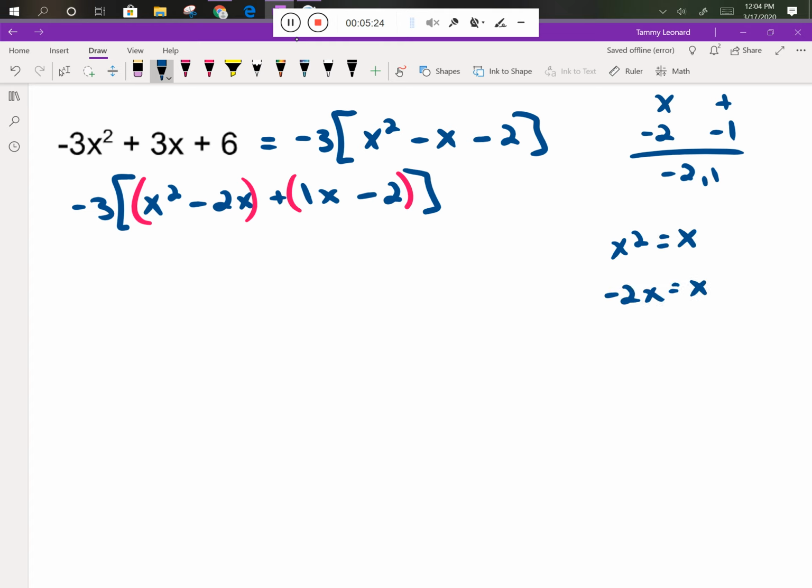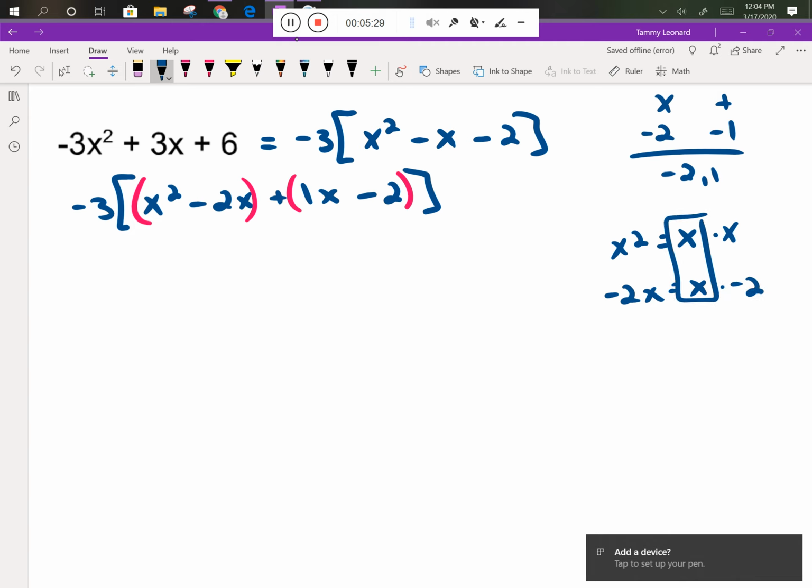So these first two have an x in common and need an x and a negative 2 to get back to their original forms. So I have the negative 3 outside the brackets, and inside I'm factoring out an x and leaving an x minus 2 in the binomial. Then I look at the next two terms of 1x and negative 2.